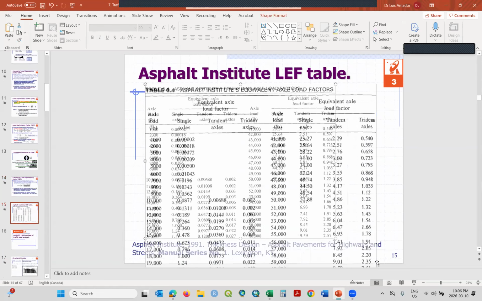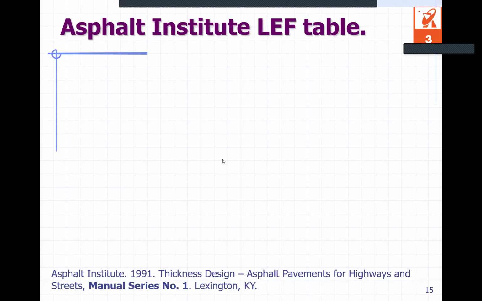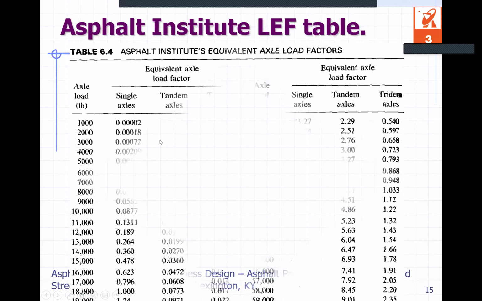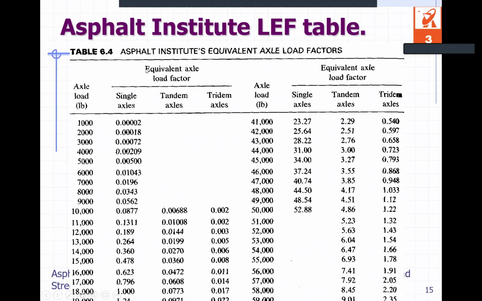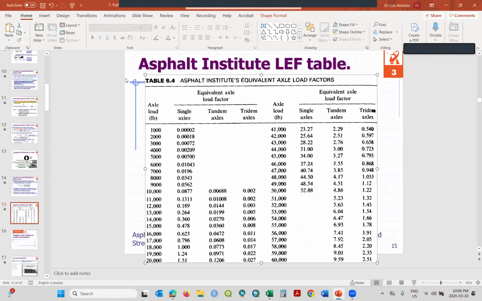What this table is giving you is the amount of damage, or equivalent axle load, produced by different loads. So for example, 1,000 pounds on a single axle produce 0.00002 equivalent load factor. So this is the amount of damage that 1,000 pounds produce.